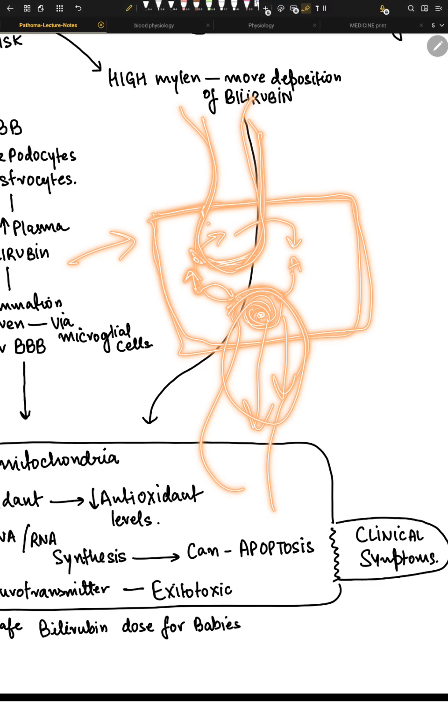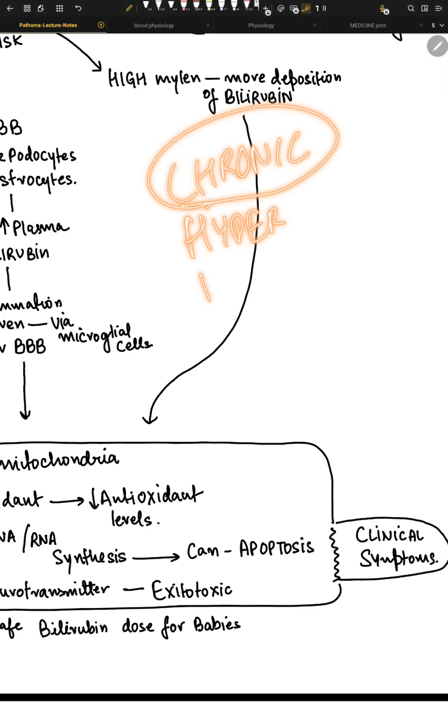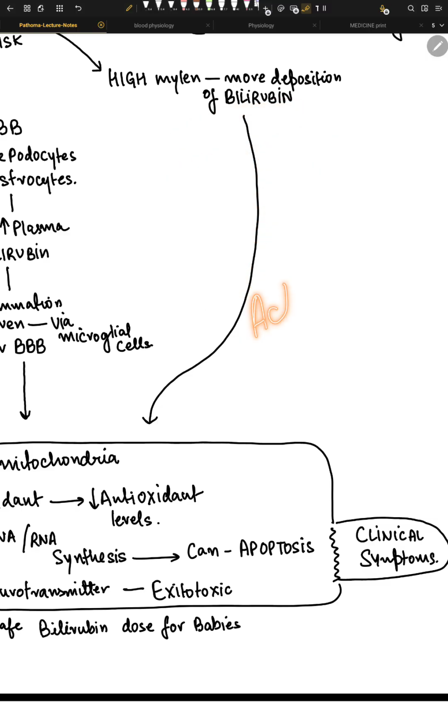So we will have hyperreactivity. A cool thing here is that a child with chronic hyperbilirubinemia, chronic meaning long time, will have hyperreactivity. The child will be really irritated because he is experiencing these abnormal levels of acetylcholine.